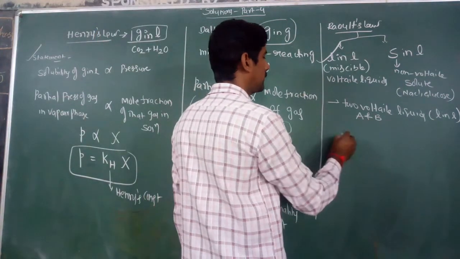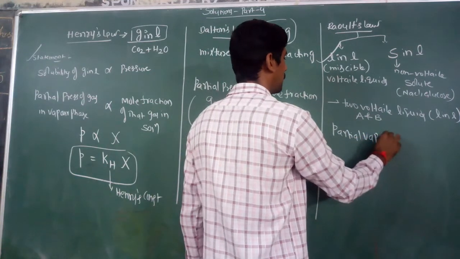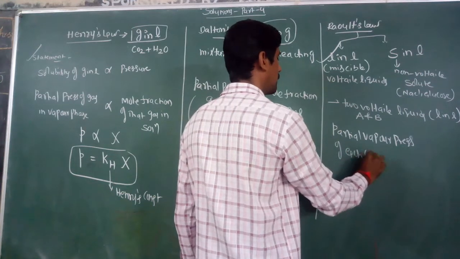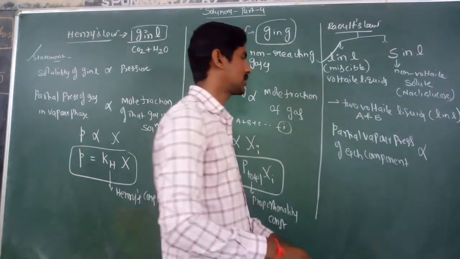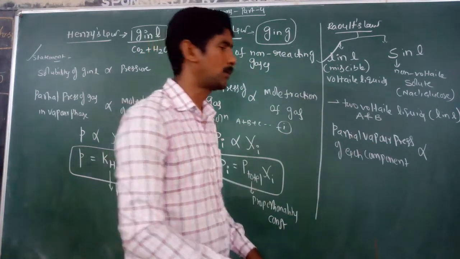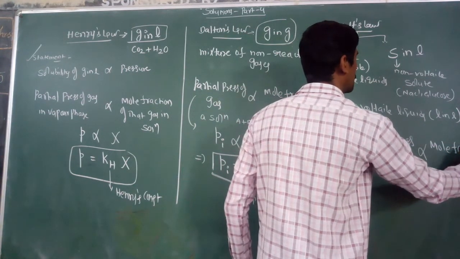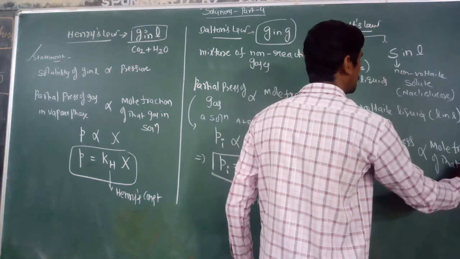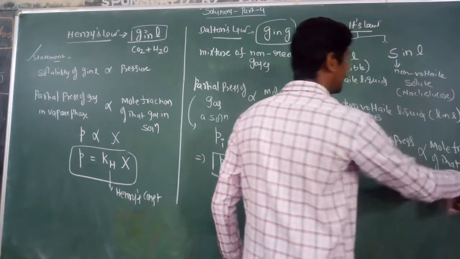So for 2 volatile liquids, the partial vapor pressure of each component is directly proportional to the mole fraction of that component in solution.